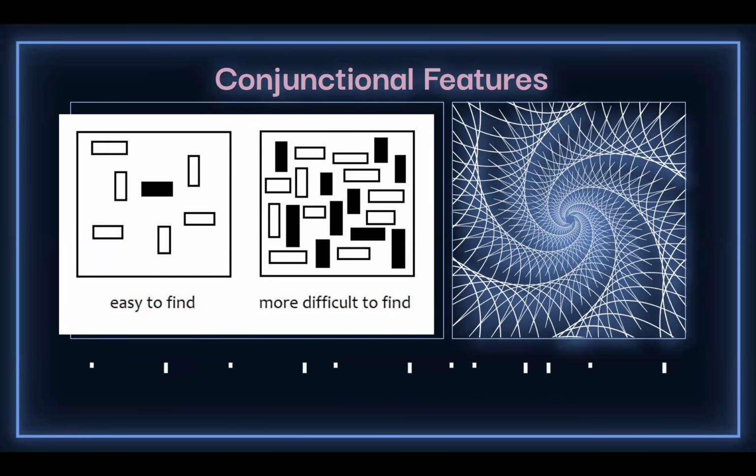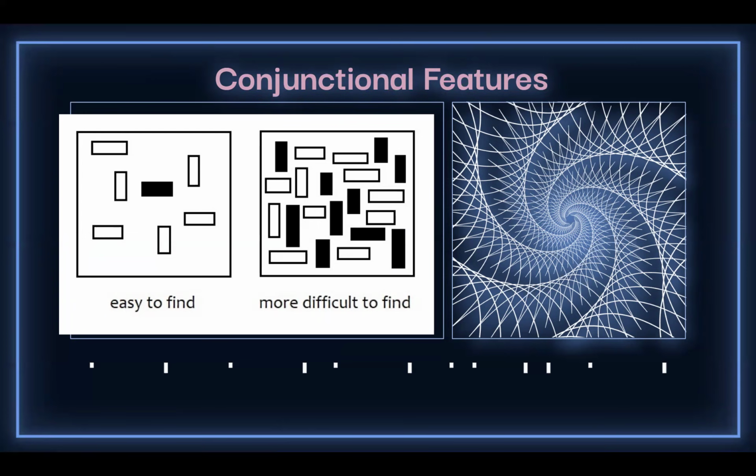Another study showed that if subjects are given the task of identifying a specific object, for example, a black horizontal bar, it is much easier and quicker to notice it when it differs drastically from the other distractors in the scene. On the left, you see the black horizontal bar is the only black bar in the picture, so right away it easily pops out from the others.